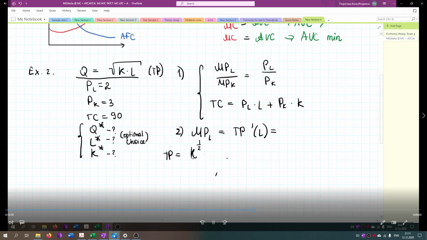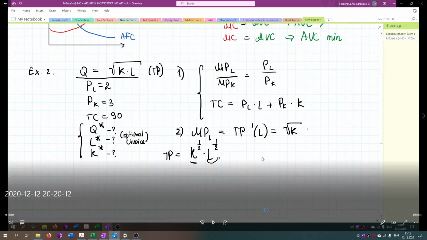So K to the power of 1/2 multiplied by labor to the power of 1/2, and when we take the derivative of the total product by labor, we consider capital fixed. Capital should be a constant in this case, and the labor is variable. So yes, capital is considered as a constant. So we will write it in the beginning.